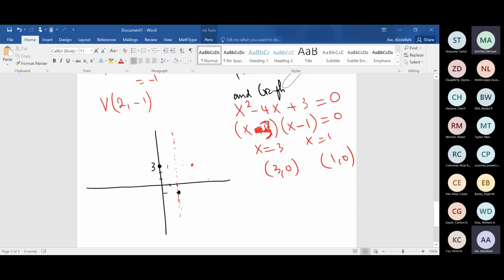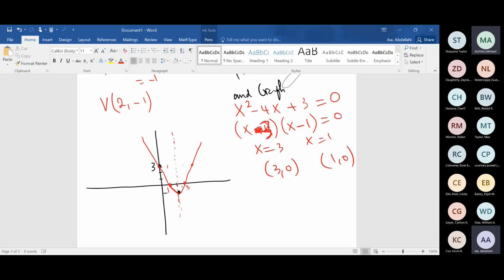And my 2 x-intercepts are (3, 0) and (1, 0), right? 3 here, 1 here. So I have my 5 points. That's it. That's how you graph a parabola, okay?